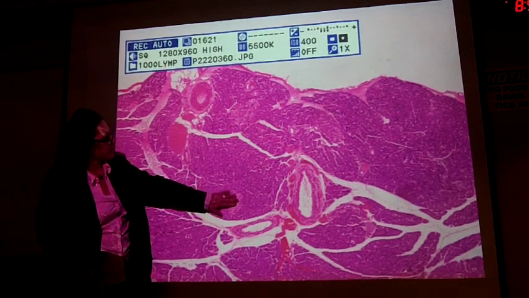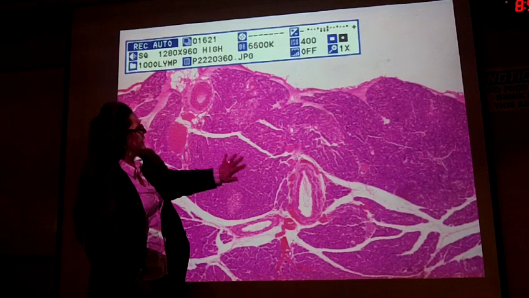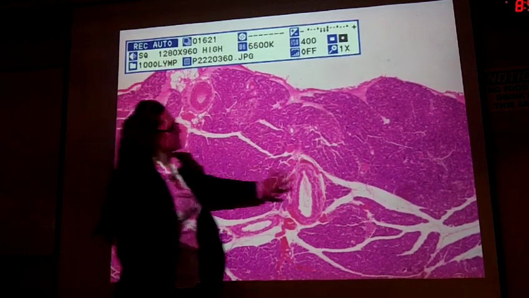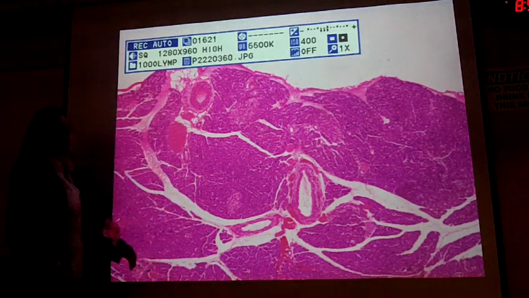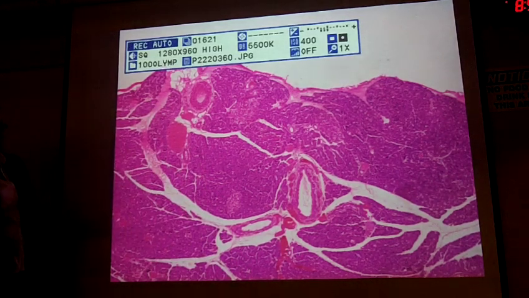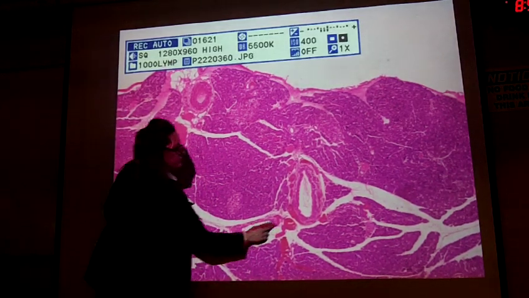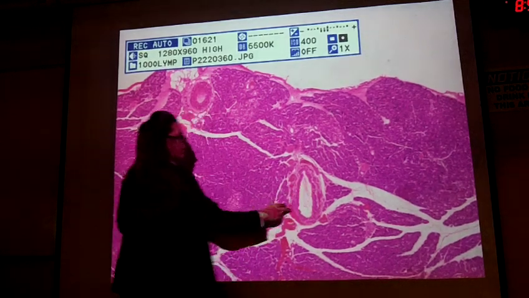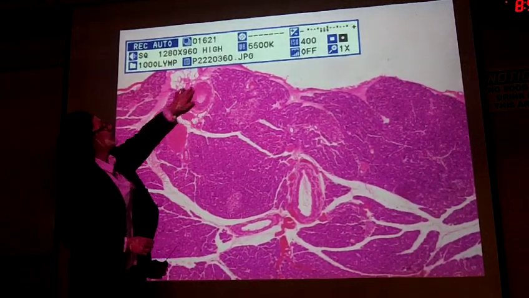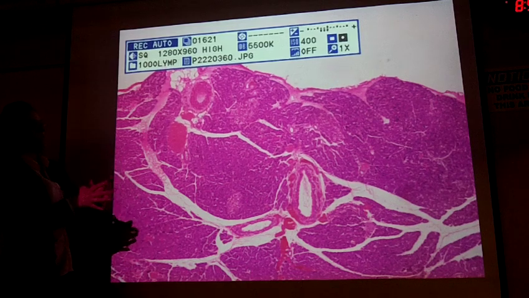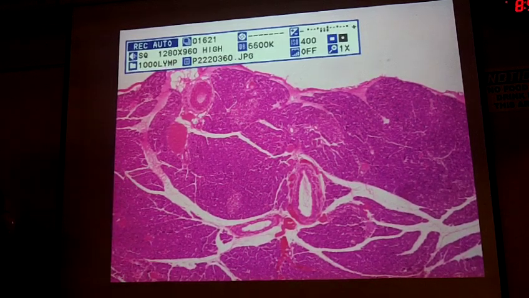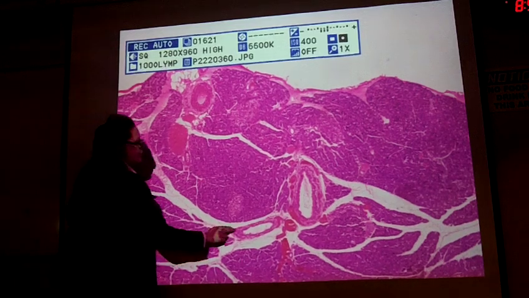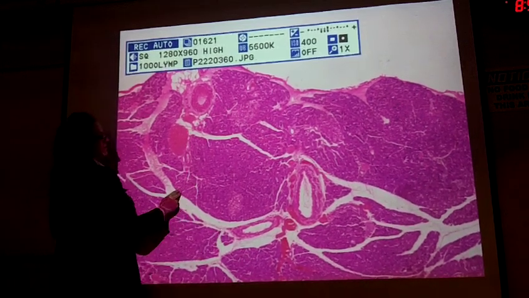They stain lighter. All of these other cells here would be your acinar cells, the ones that are making the exocrine products or the digestive enzymes. These circles here, these would be the smaller pancreatic ducts that will eventually all converge into the major pancreatic duct that drains into the small intestine. These guys are blood vessels here, small blood vessels, these lines.